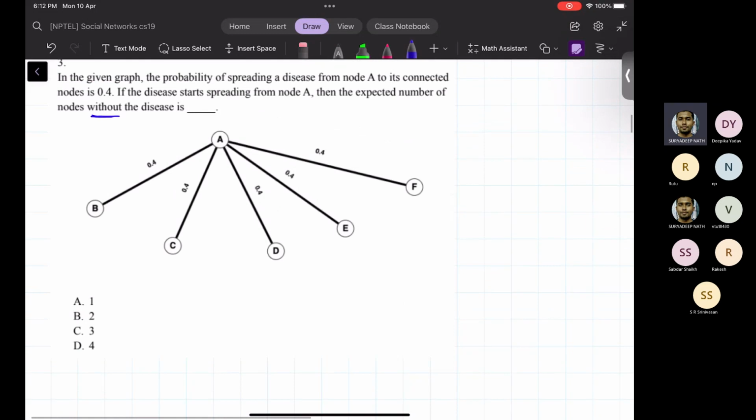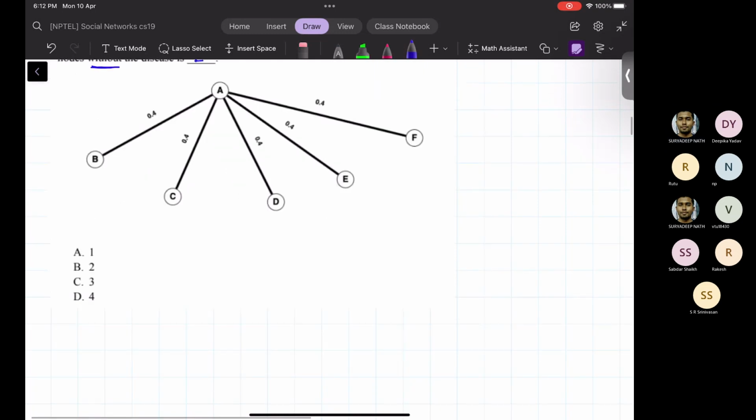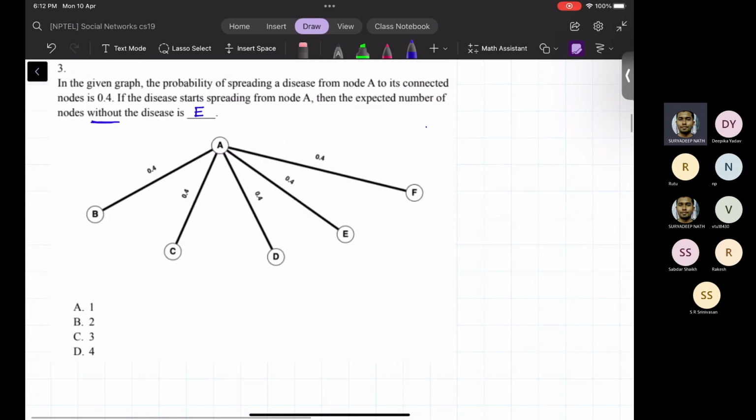Let us call the expected number of nodes without the disease E. E would be basically 5, that is the maximum number of nodes that can be infected with the disease, minus the expected number of nodes with disease, let us call it EA.